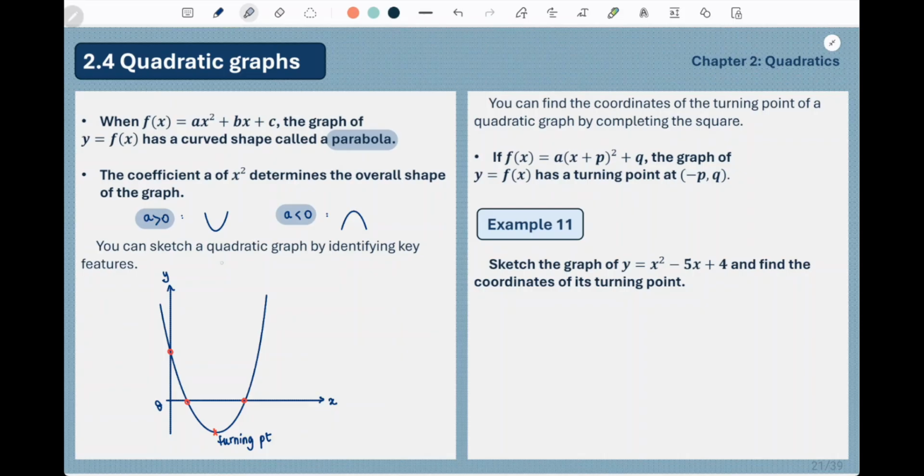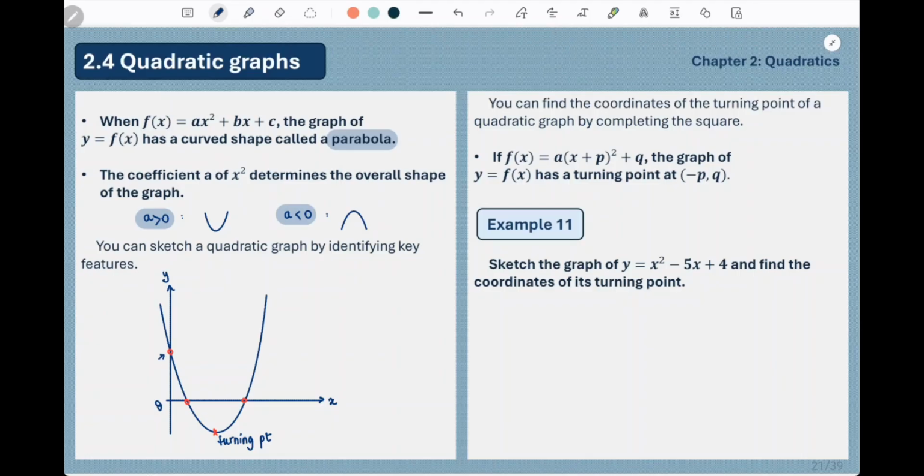You can sketch a quadratic graph by identifying key features, and these sum up in three main features. The first one is the point where the graph crosses the y-axis, okay? In this case it's this point over here.